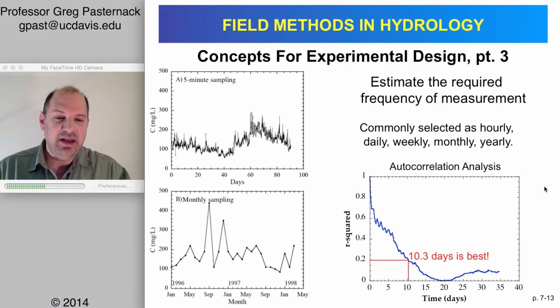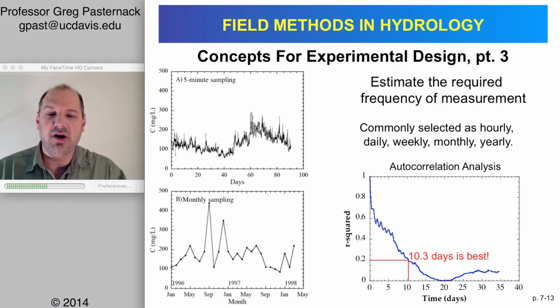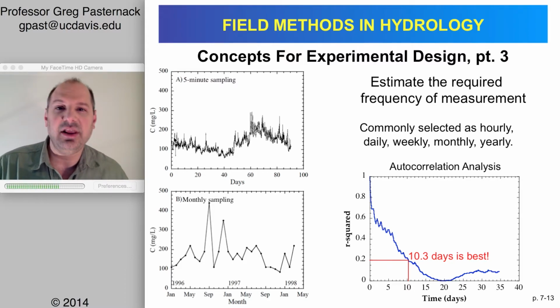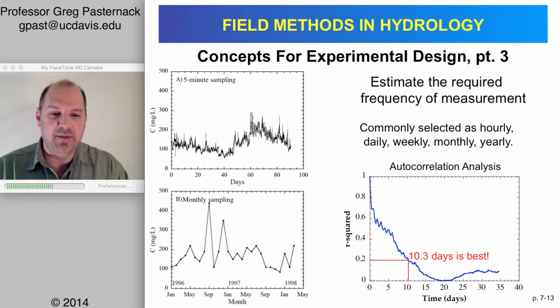Okay, but what we did here is we took the data from the 5-minute sampling and we said, well, what if we just compare the value at any one moment with the value, say, an hour later or a day later, and then we saw what would happen.